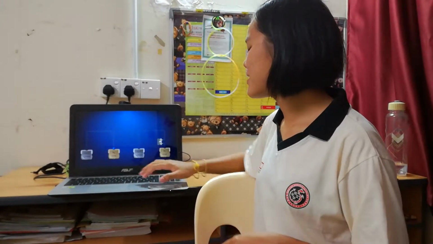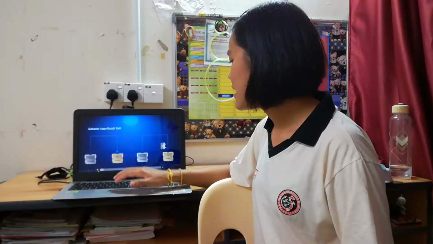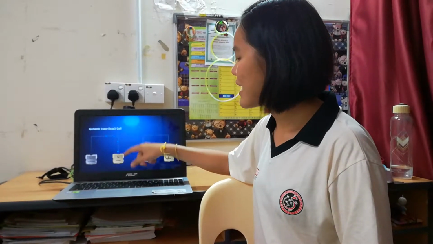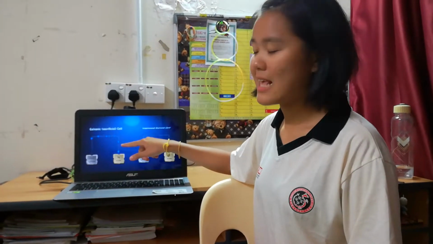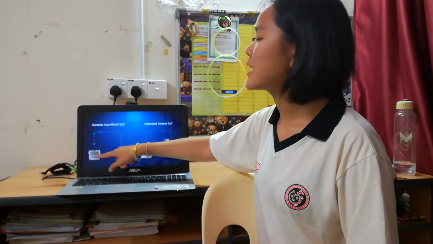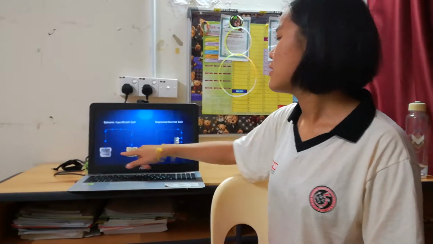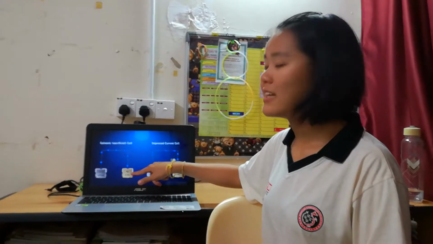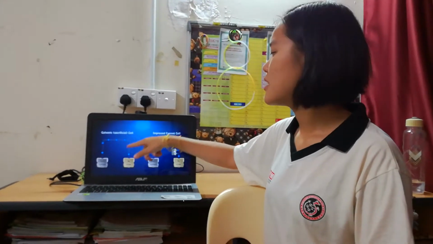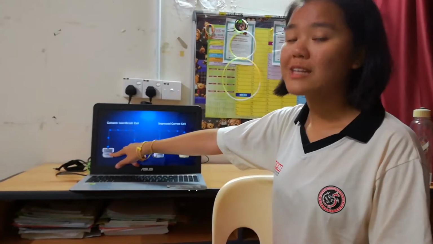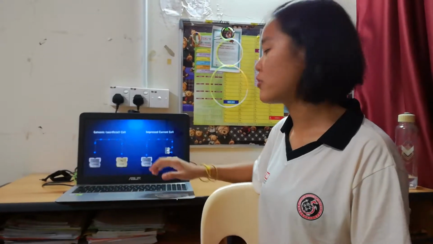From this process we can see that the electron is moved from the magnesium, which acts as the anode, to the cathode, which is iron, and the anode will finally oxidize and rust. The cathode will be protected, so the iron will not rust.